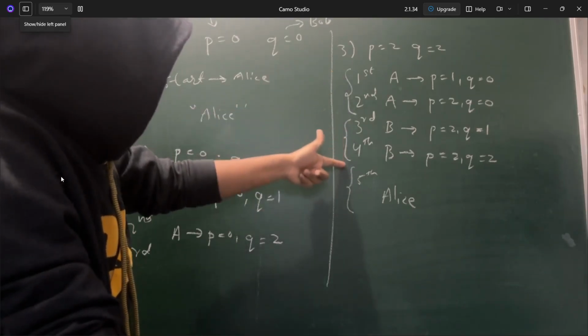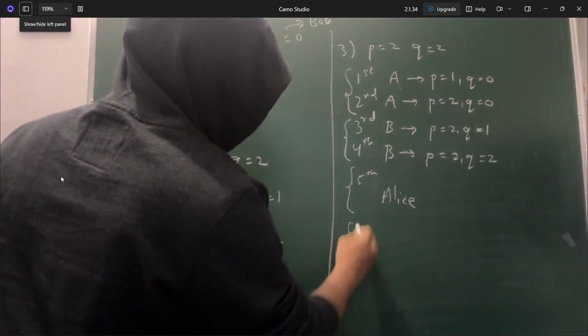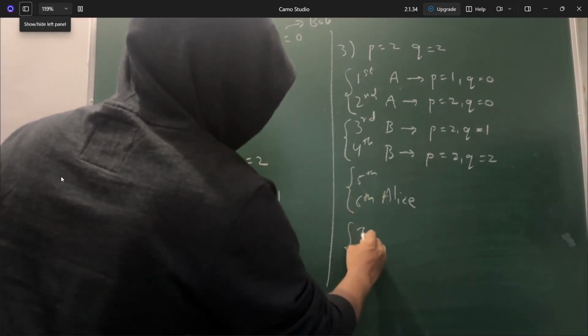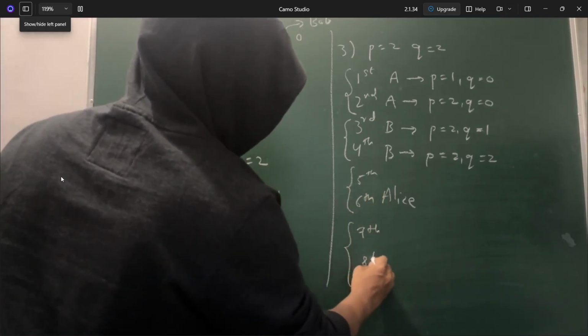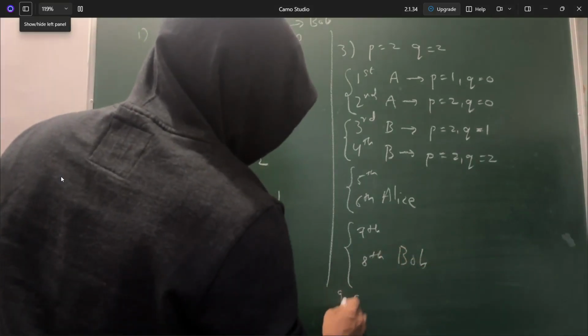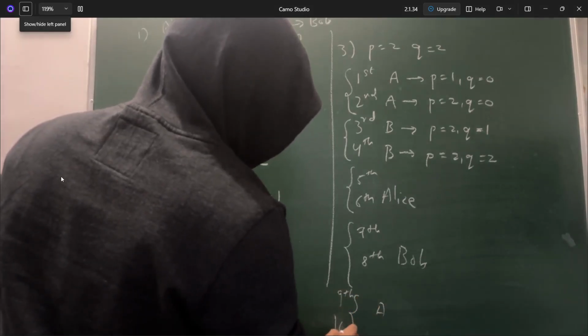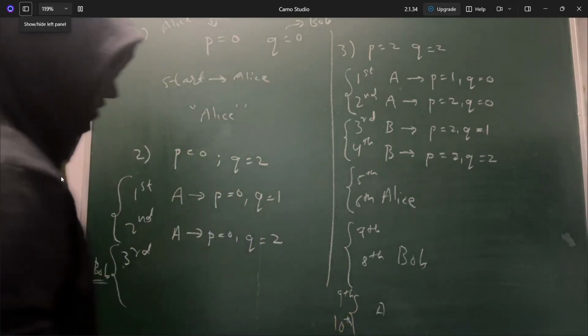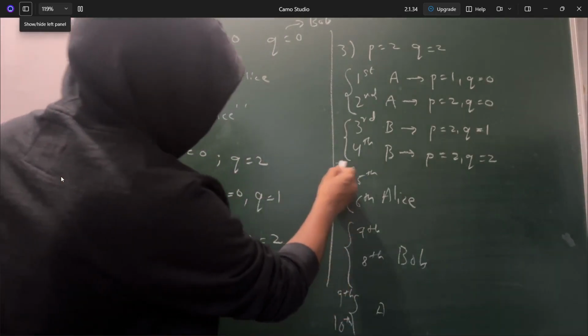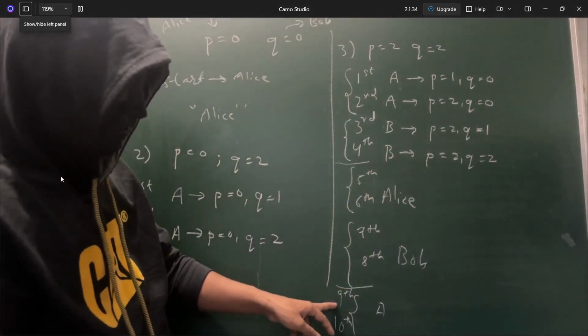So this is the four-service pattern. In the same way, fifth and sixth will be done by Alice, seventh and eighth will be done by Bob, again ninth and 10th will be done by Alice. So what do you understand about it? For every four services, Alice will be the one doing the first service.